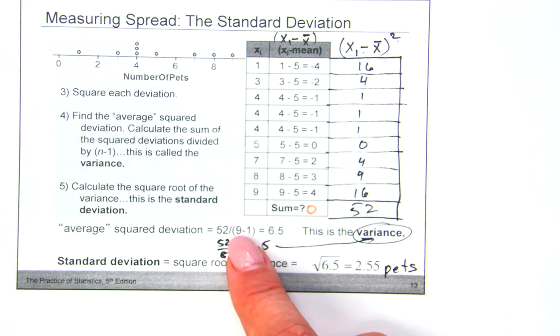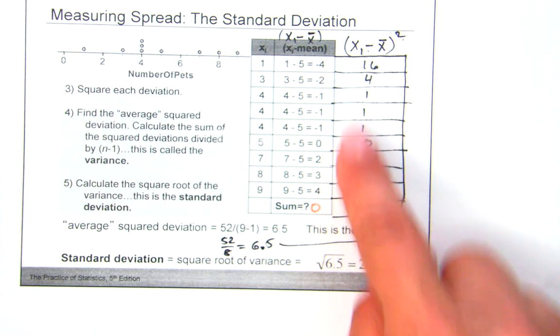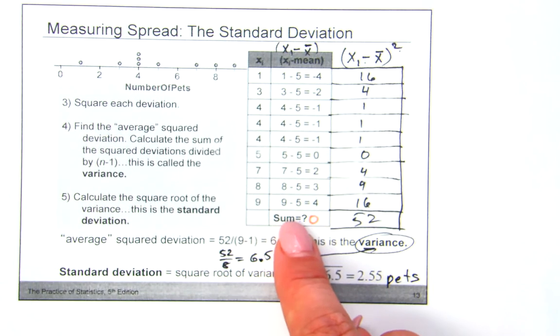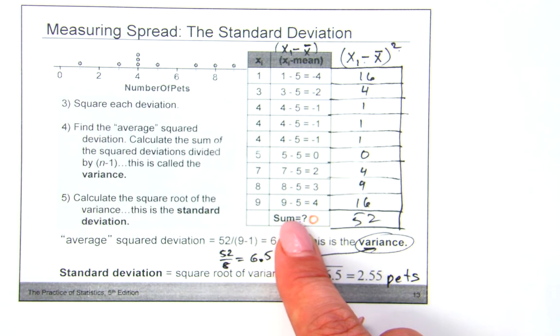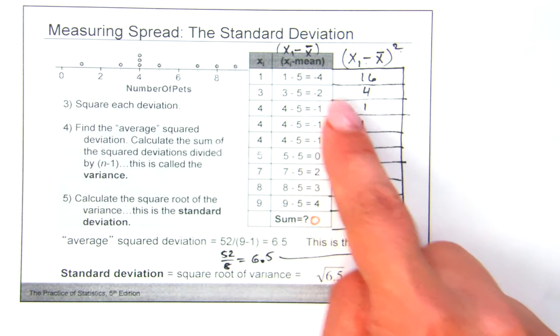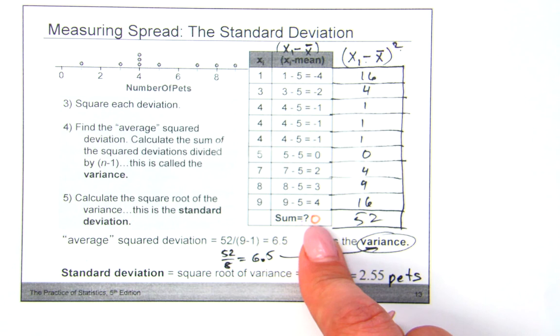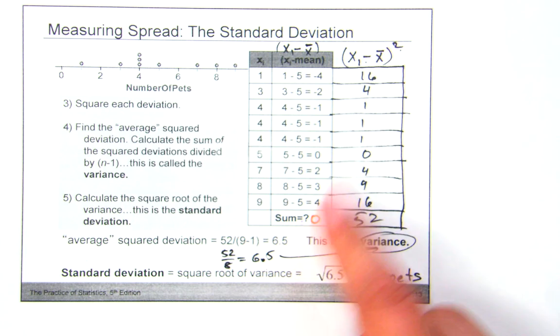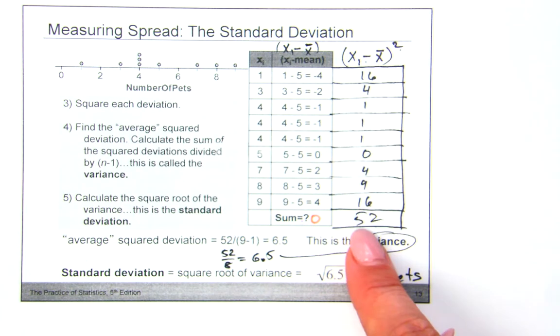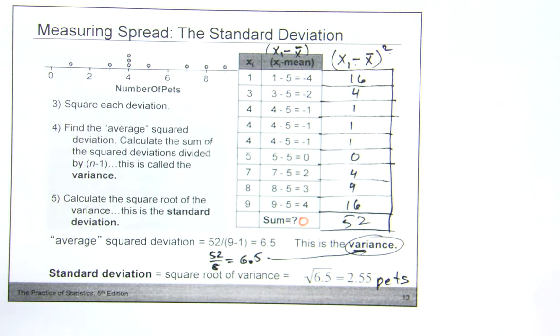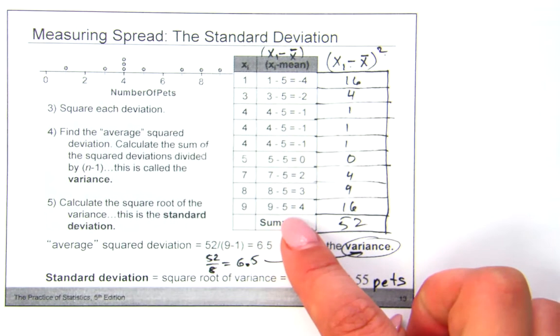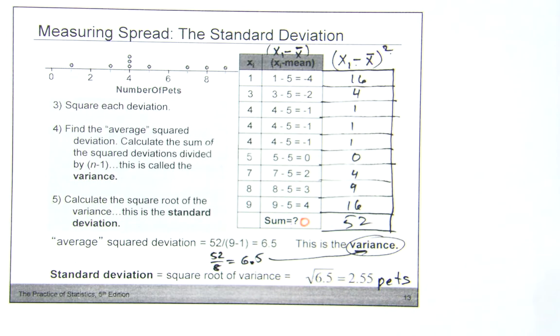But for now, just suffice it to say, you take how far away each number is from the mean, and that's not going to help you because it's going to sum up to 0. So you square that, because distances should always be positive, and the best way to turn that number into a positive number is to square it.